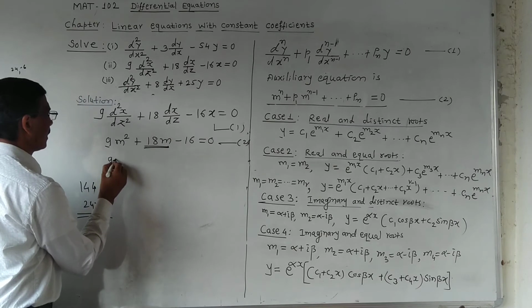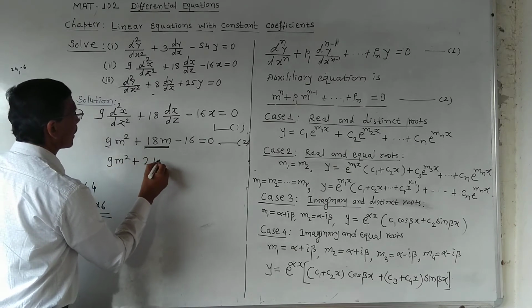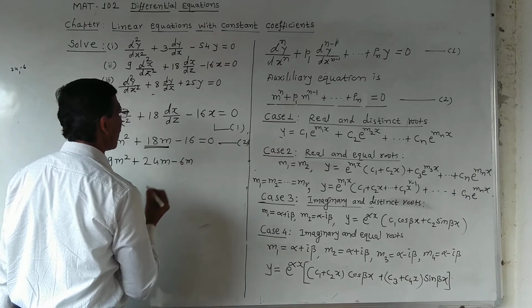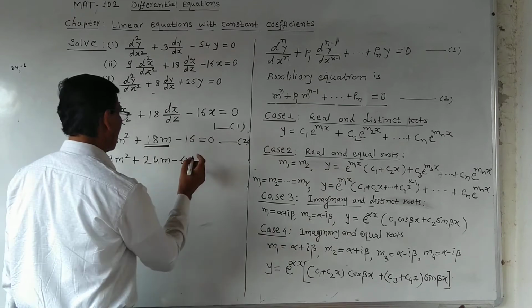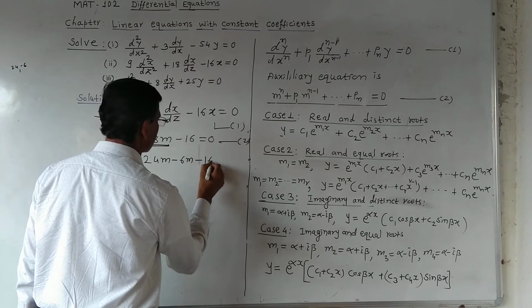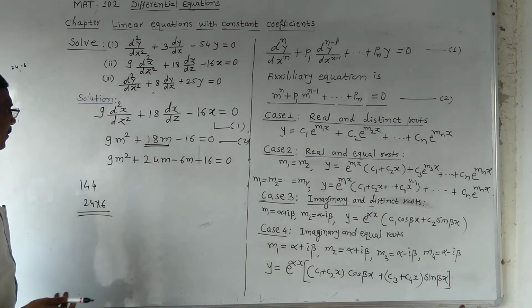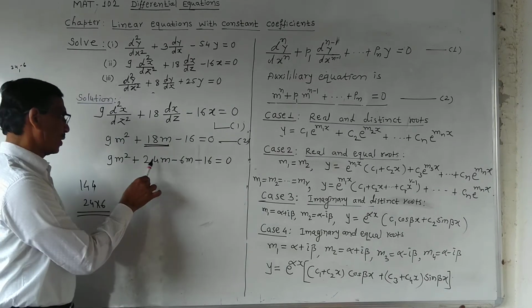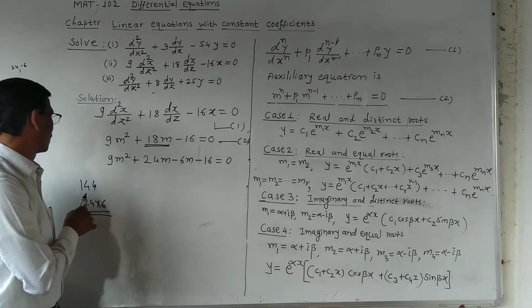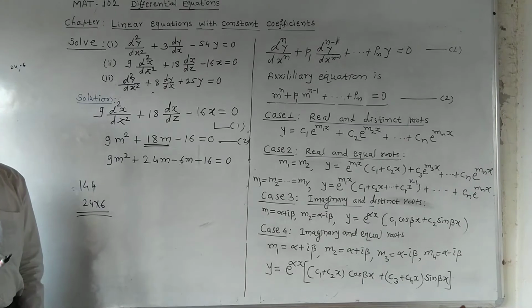Therefore it can be written as 9m square plus 24m minus 6m minus 16 is equal to 0. Now here you can observe that 24 into minus 6 is minus 144, because minus 16 times 9 is minus 144.